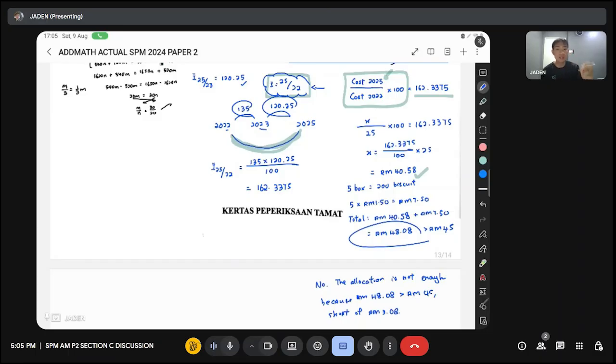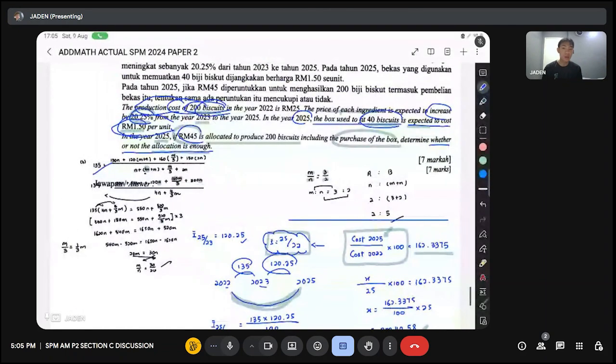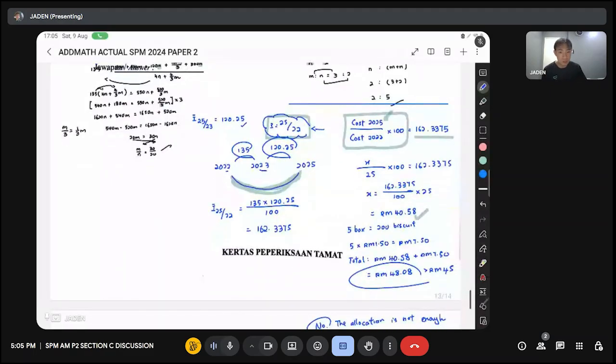And that is how you're going to answer the question, because you must have a no. Since they ask you to determine whether or not the allocation is enough, our answer is no, and then only we justify it with our reason.